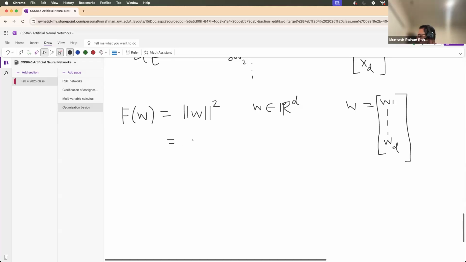Can anyone tell me? W transpose times W. Yep, that's correct. And then if you expand it out, what do you get?